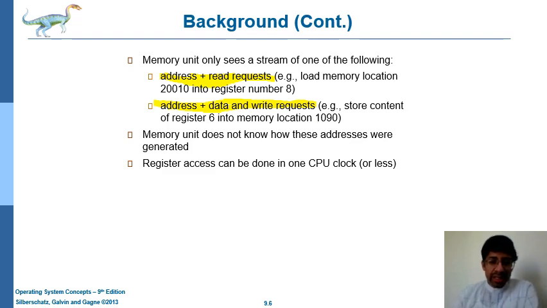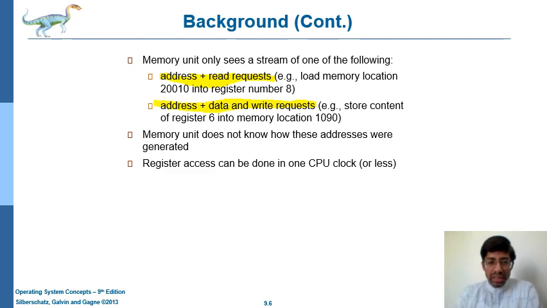Generally, the read request is indicated by some load kind of instruction of the CPU, in which the data is accessed from a particular memory address, say 20010, and fetched or loaded into CPU register number 8 or the accumulator or anything. The write kind of request will require the memory address, for example 1090, along with some exact data bytes which have to be updated from CPU registers into the memory location, say 1090.